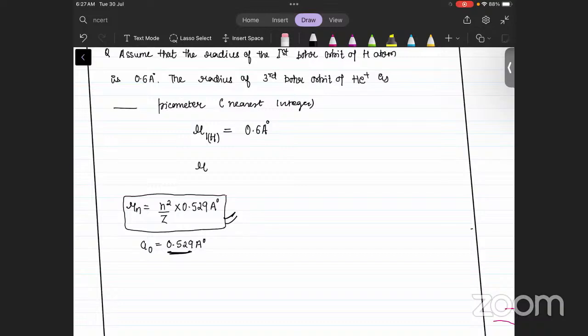Now it is asking for the third Bohr orbit for helium positive. 4.761. What's the unit? That is very important. Angstrom. Yes. So what will be the answer in picometer?